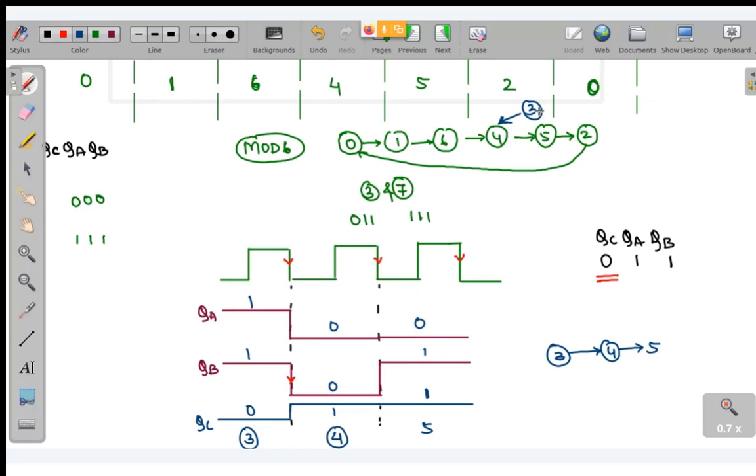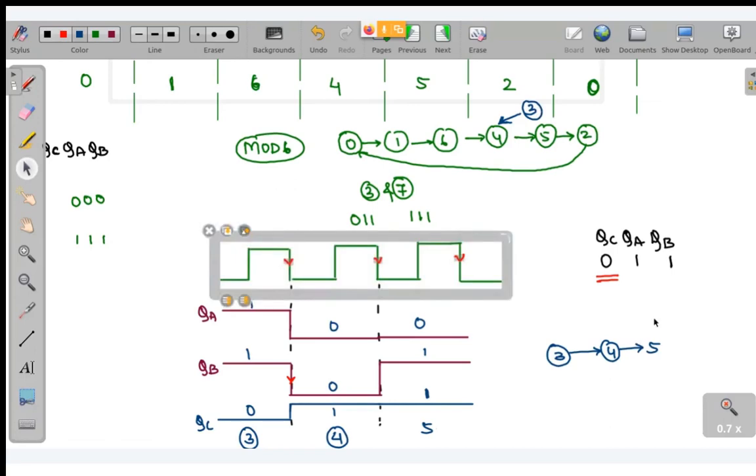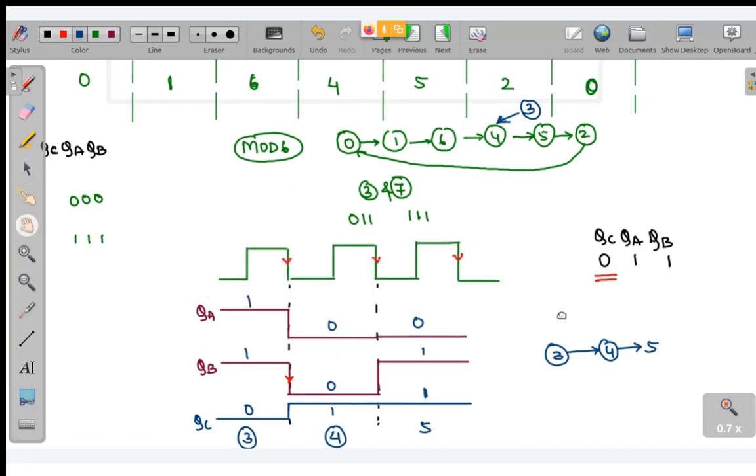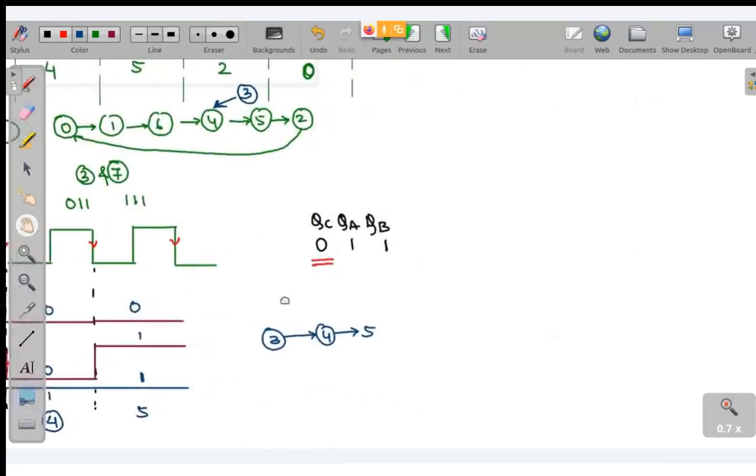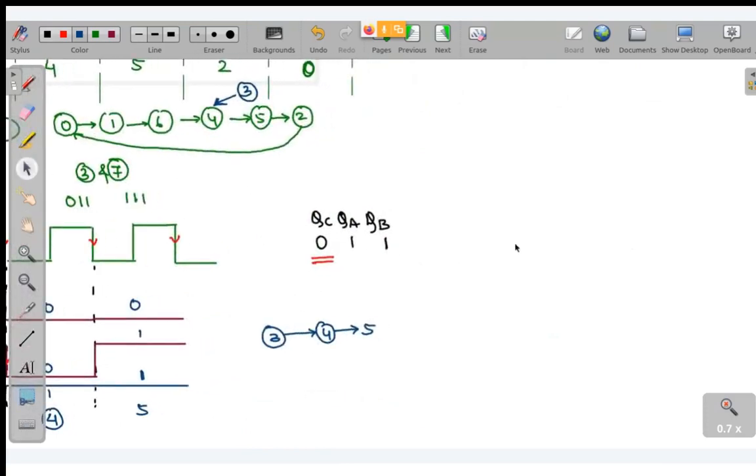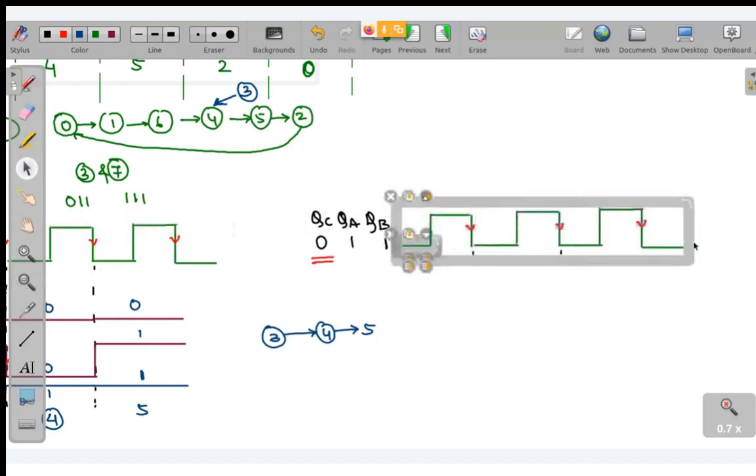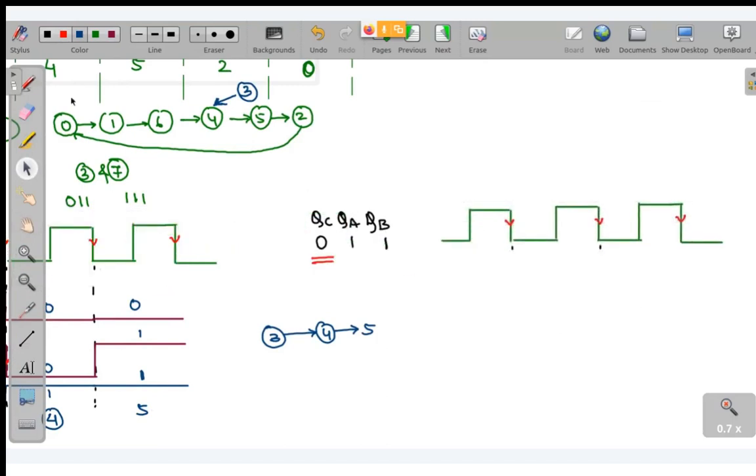From 7, where are we going to go? Very quickly you need to draw. If we start from 7, 7 means QC, QA, QB: initially 1, 1, 1.